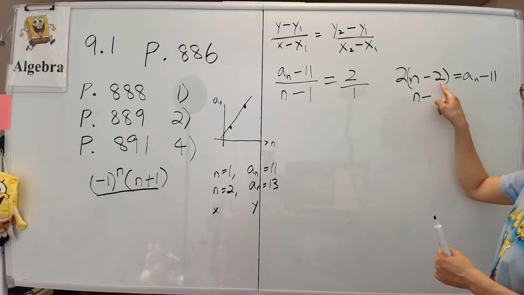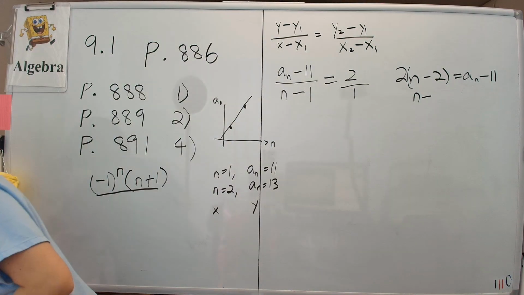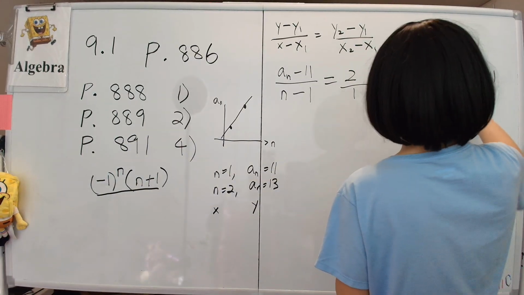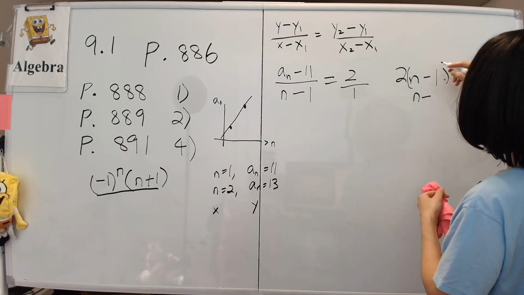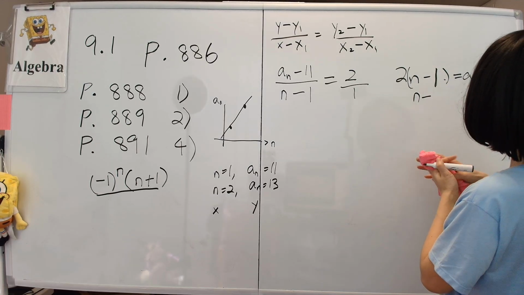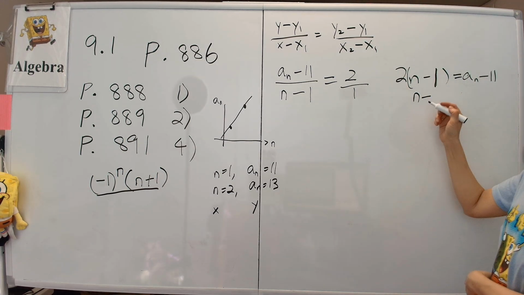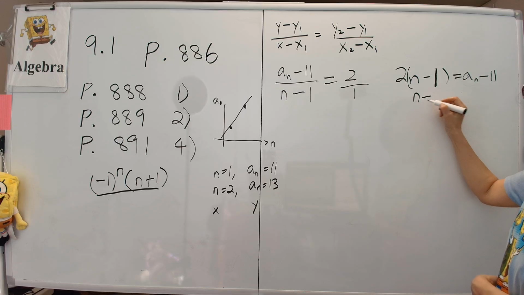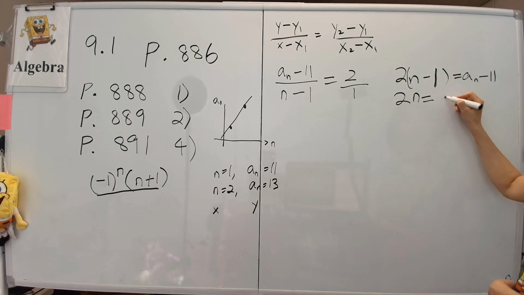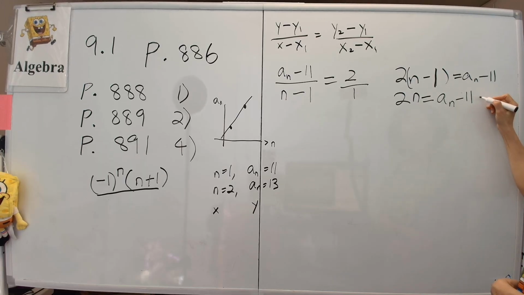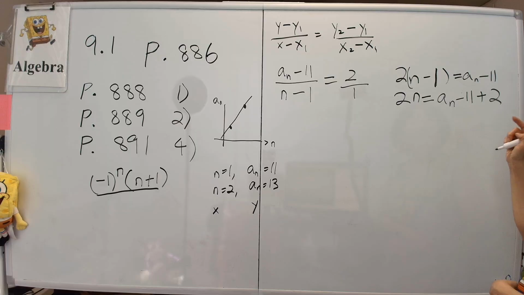Yeah, I made a mistake right here. It's 2 times n minus 1, so that should be n minus 1. I don't know why I had a 2 there. That's why it didn't make any sense. So 2 times n minus 1 equals an minus 11, and the minus 2 over here becomes plus 2.